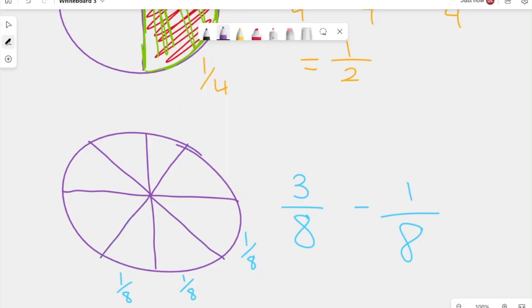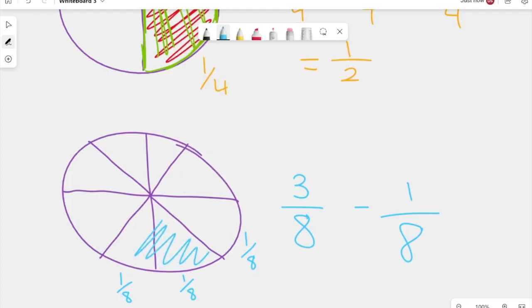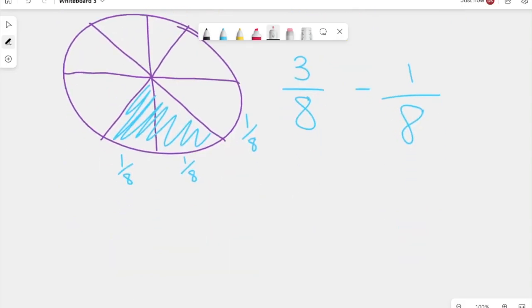I've given 1/8 away, so I'm left with 2 portions here, excluding the one that I gave away, so this one here. Now, what am I left with? Well, I only have 2 out of the whole 8 that are there.